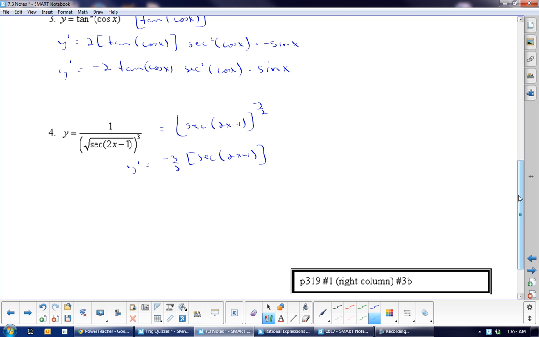And if I've got a minus 3 over 2, that'll be minus 5 over 2. Now the derivative of the inside would be secant 2x minus 1 tan 2x minus 1. And then I've got to do du over dx, and that's times 2.